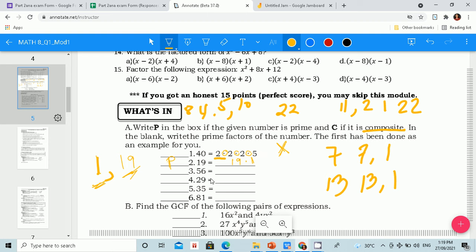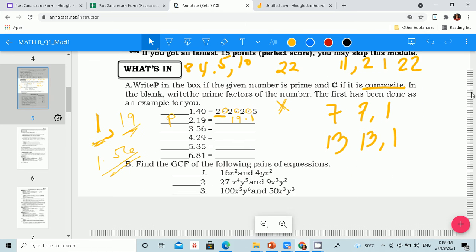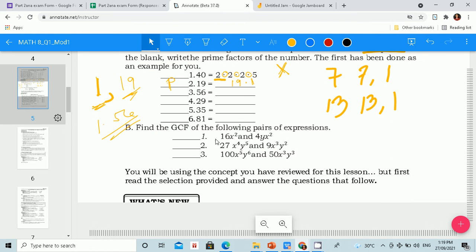Then we have number 56. Is it prime or composite? Now, class, it is prime if you have only 1 and 56 as factors. But if not, it is composite. Now you can continue answering.